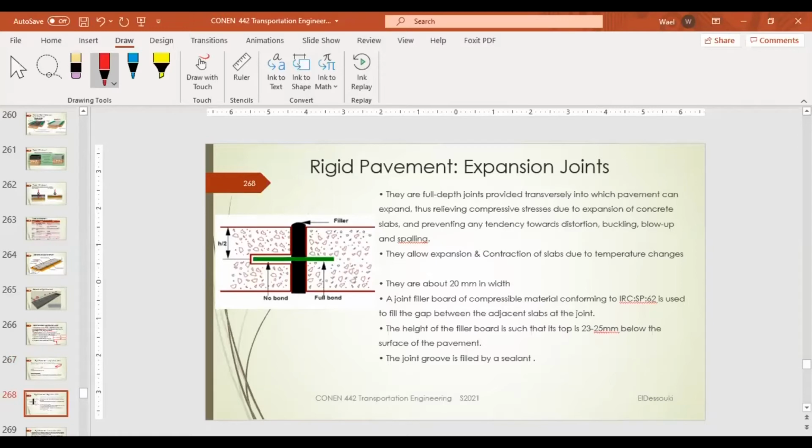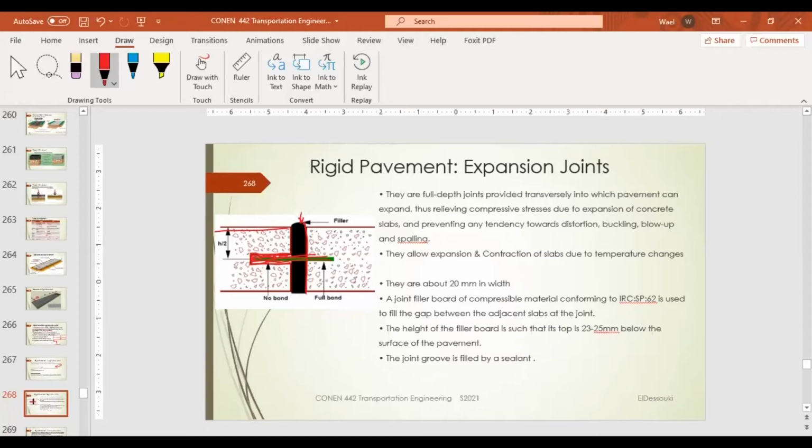Expansion joints. This is for temperature. The expansion joints are different because we stop here and we put a dowel. Then when we start the second slab, we put this filler, which is basically a rubber material. Then we put this jacket cylinder with an oily material inside it. Then we lay the concrete for the other slab.